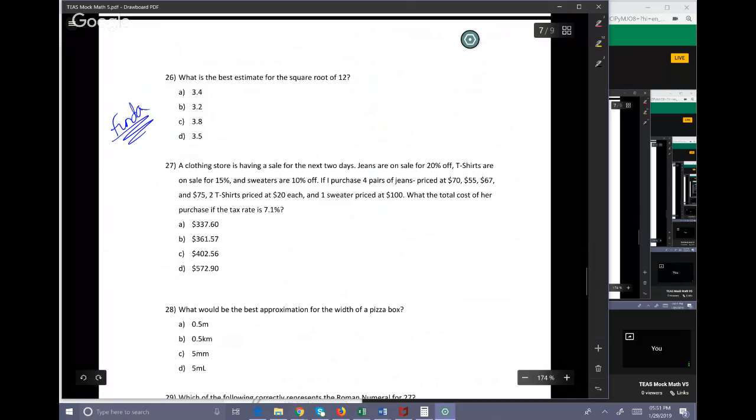So when you're doing an estimate for a square root, what you have to do is you have to come up with numbers that are perfect in square root that are around that. So when I take 12, and I'm going to put a box around it, you'll see why later. I want to think, what is the next nearest number less than and greater than 12 that have perfect square roots?